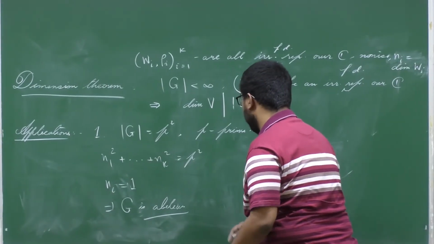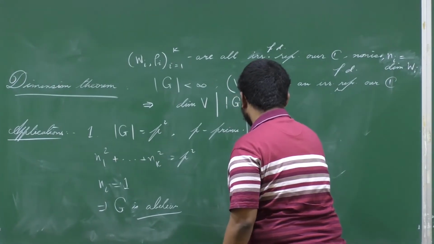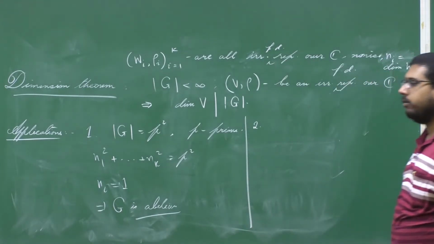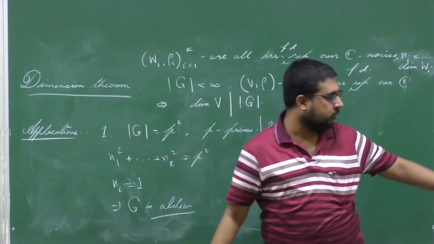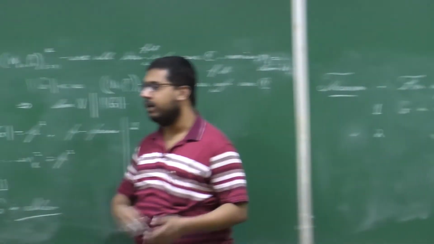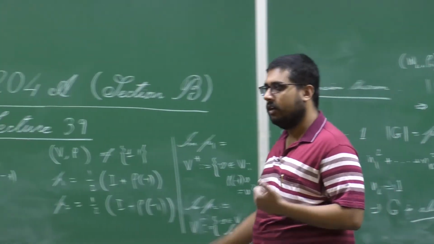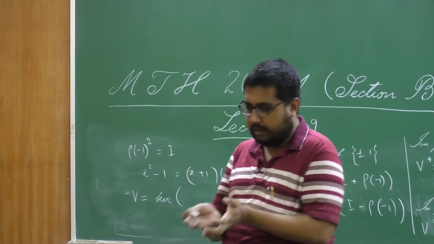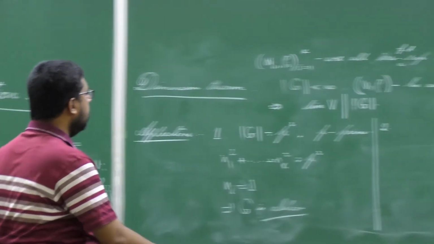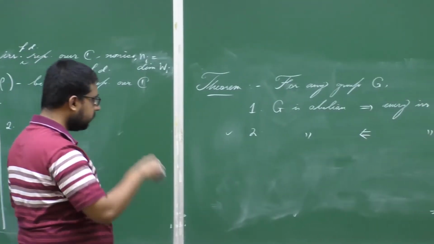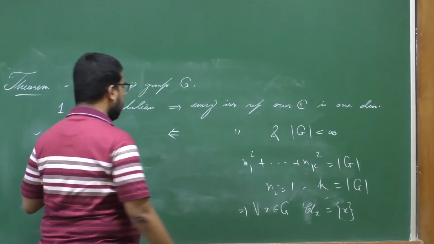Another example I should also give: as I said, this earlier formula on the sum of squares exactly gives us the dimensions of the irreducible representations when the order of G is small.